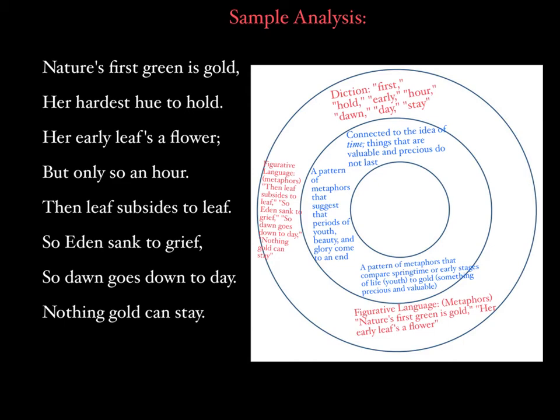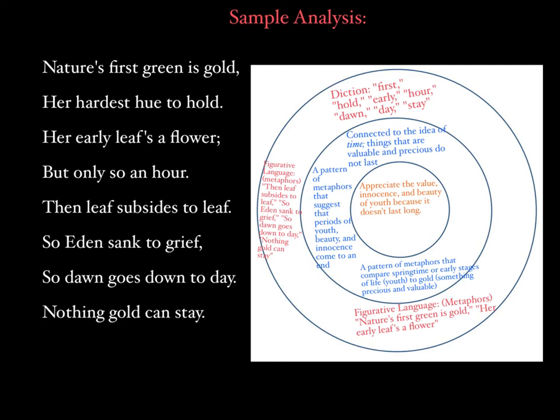It's not just going to be about time. It's going to connect all of these ideas together. Here you can see my complete thematic statement. Appreciate the value, innocence, and beauty of youth because it doesn't last long.